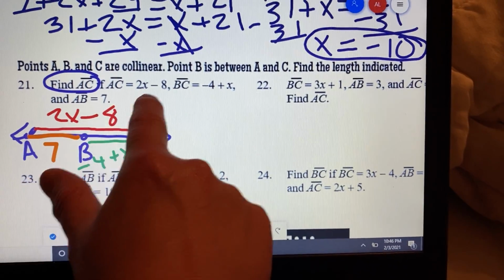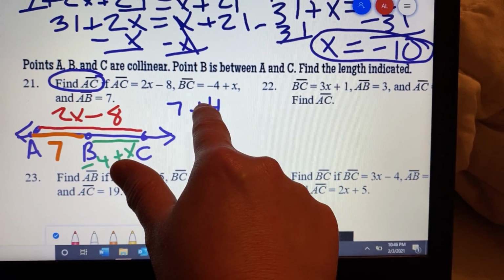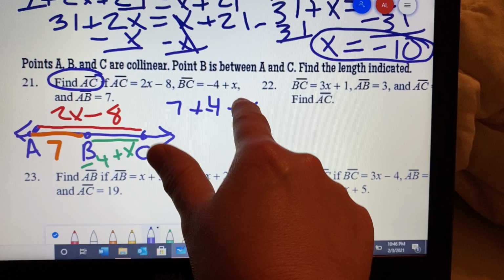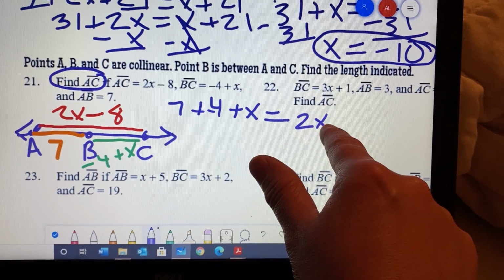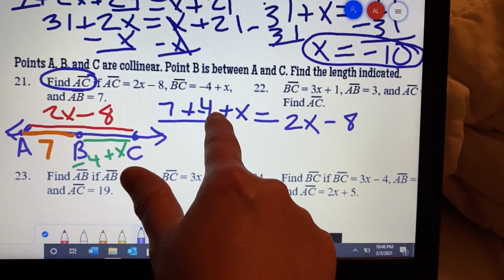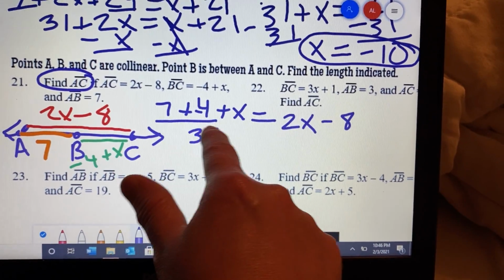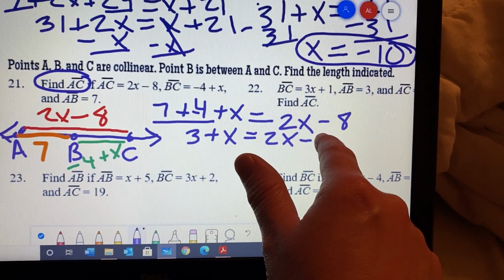So I'm going to say this little piece, 7, plus this little piece, negative 4 plus x, equals this whole piece, which is 2x minus 8. And then 7 plus negative 4 is 3, plus x equals 2x minus 8.